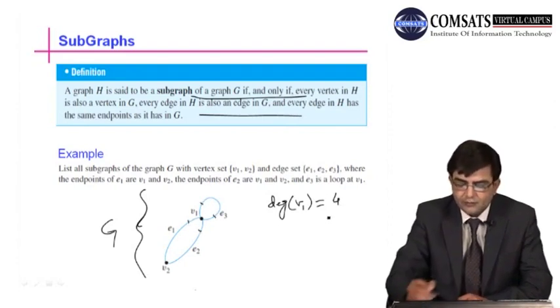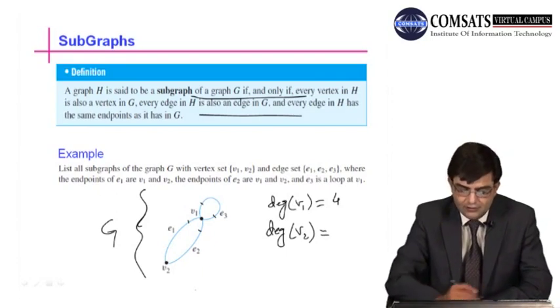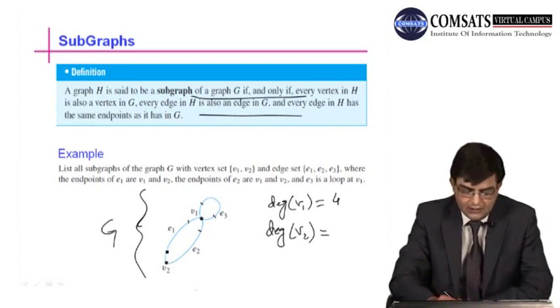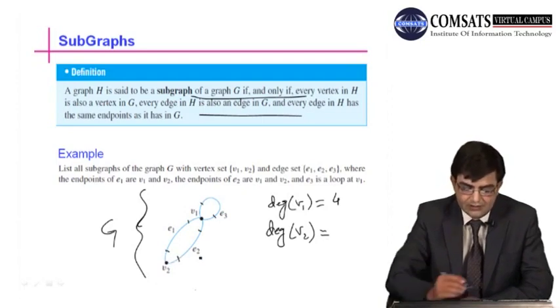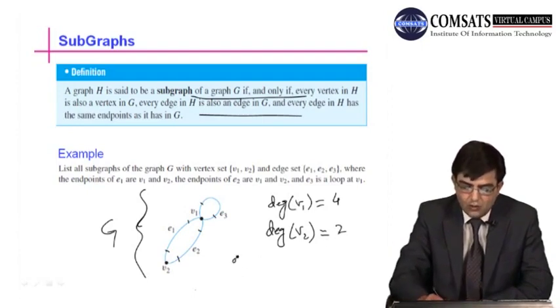So the degree of v1 is 4. What is the degree of v2? This is v2, and there are two edges which are incident on v2, so the degree of v2 is 2. Now what is the degree of the whole graph G?